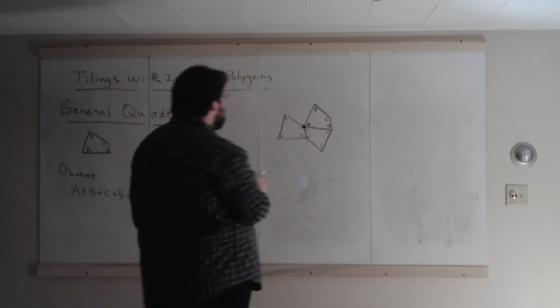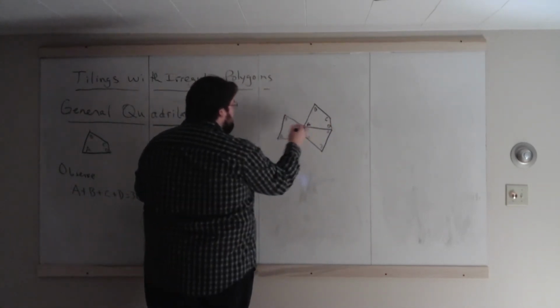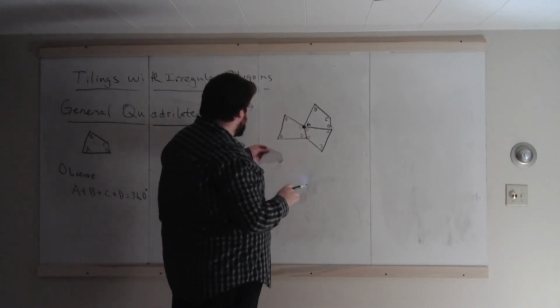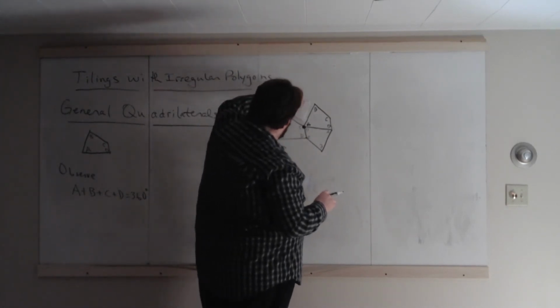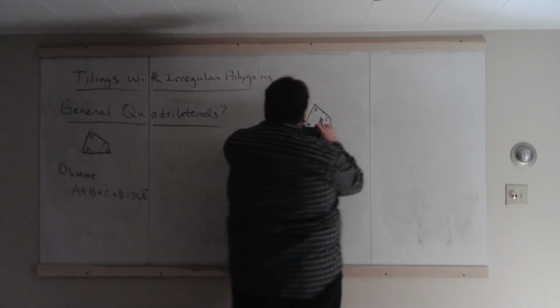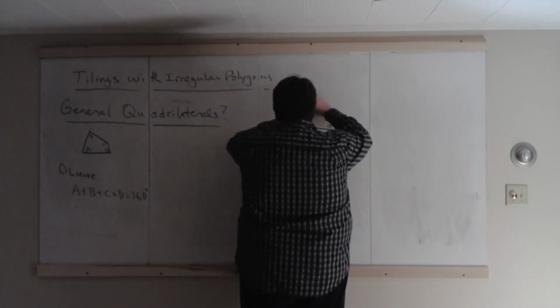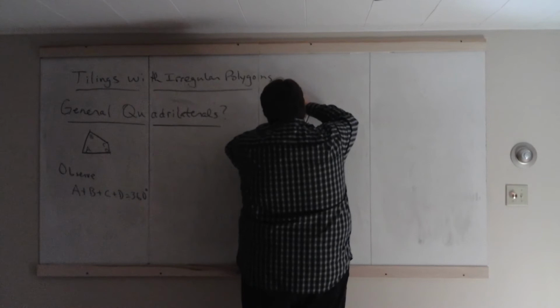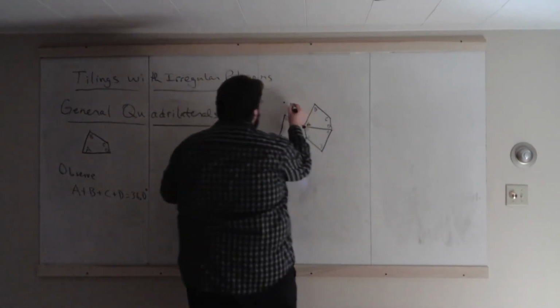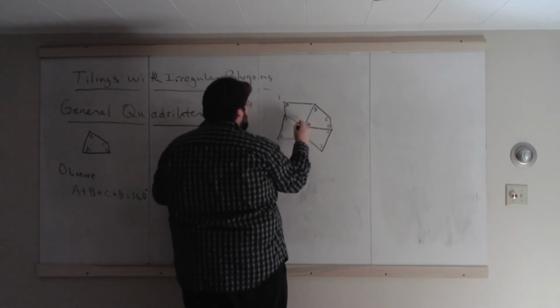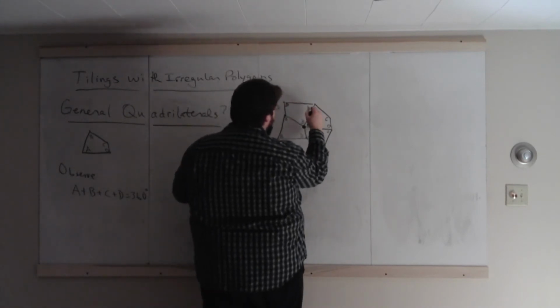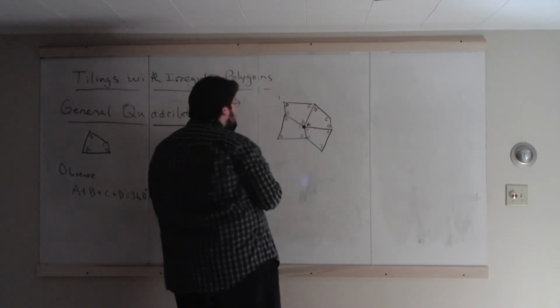Right now we have A, D, and C, so all you have to do is fit angle B in there, and we can do that like this. All I need to label is vertex D up there. So that's angle D, that's angle B, this up here is angle A, and that's angle C.